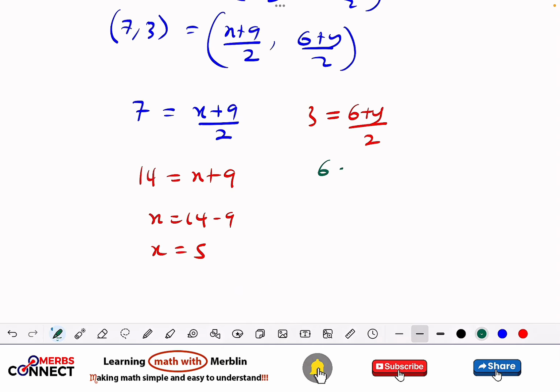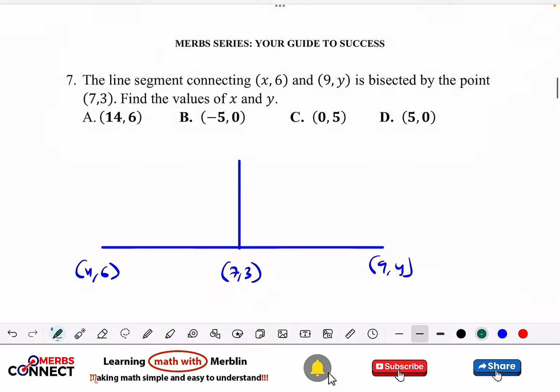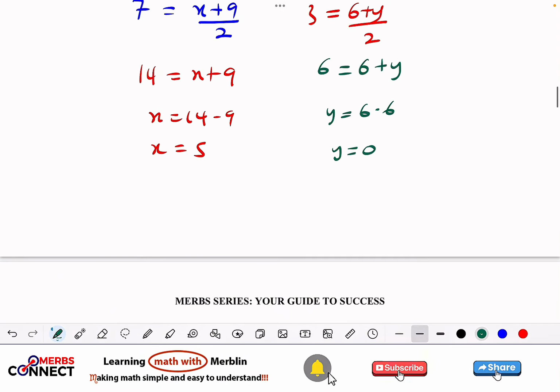So I'm going to have 6 is equal to 6 plus y. Okay, that's right. So y is equal to 6 minus 6, and y should be equal to 0 if I did it right. Good. So the point is x equal to 5 and y equal to 0.